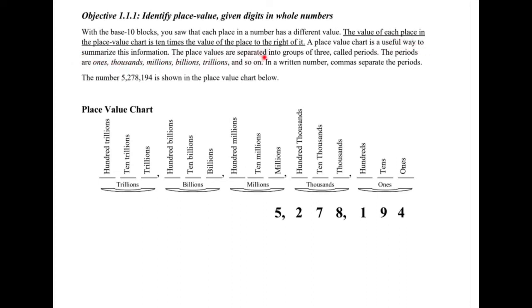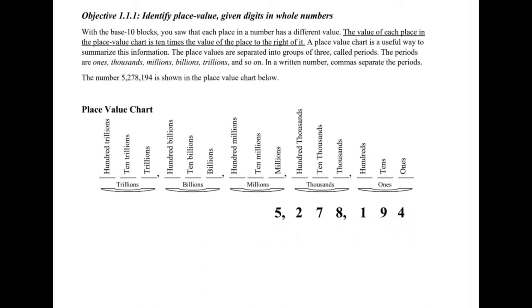The place values are separated into groups of 3 called periods. The periods are ones, thousands, millions, billions, trillions, and you can keep going. And in a written number, commas separate those periods. Okay, so the number is shown down here. There it is.